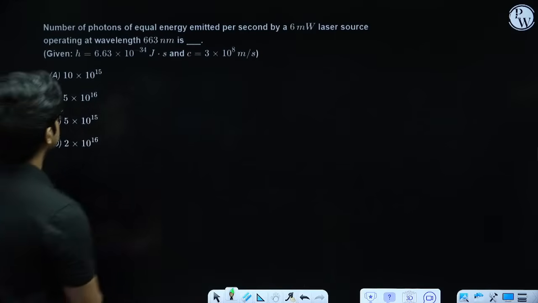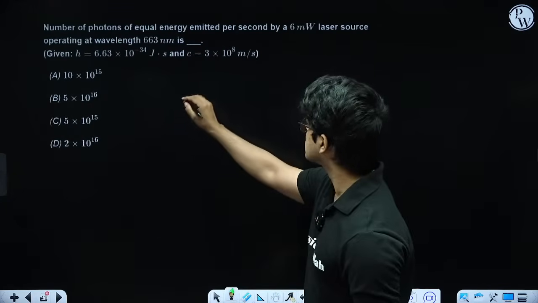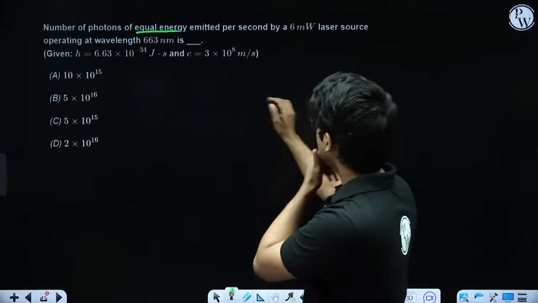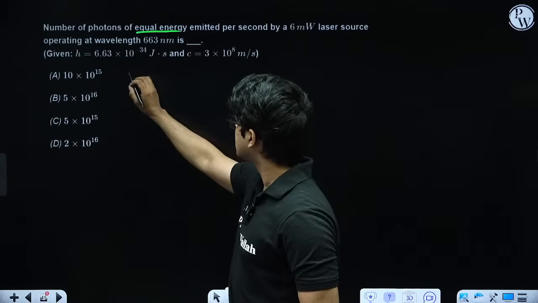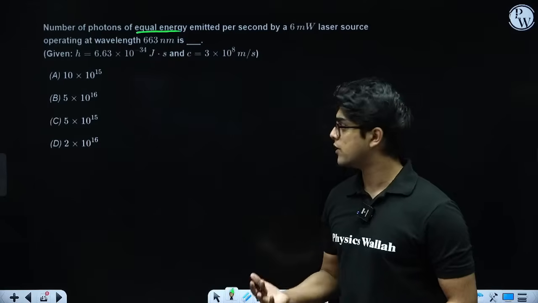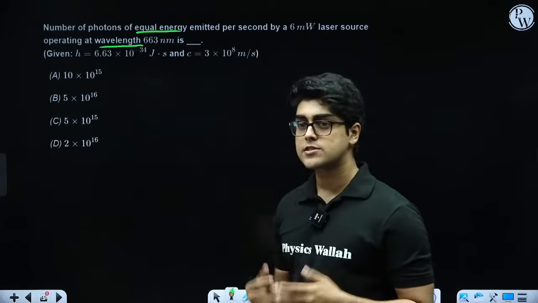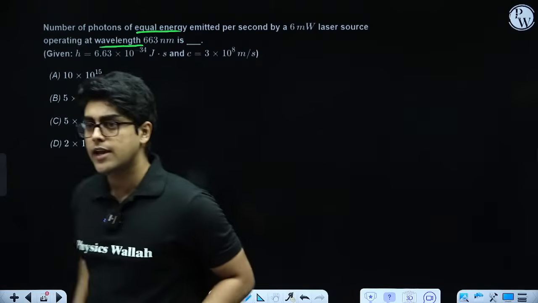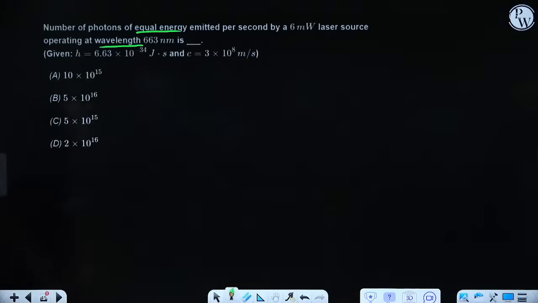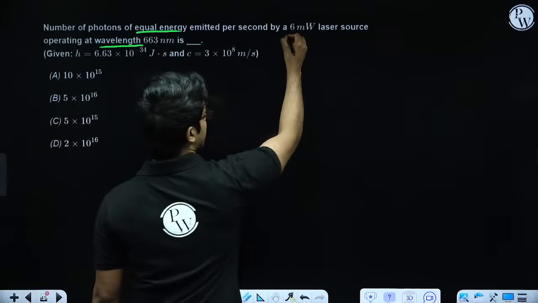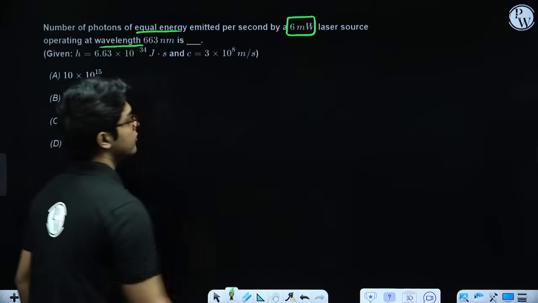Okay, so now the question is, we have a number of photons of equal energy emitted per second. So photons of equal energy just means that the photons have the same wavelength or the same frequency, right? Because a photon's energy is given by h nu or hc by lambda. So the laser's power rating is given, it is 6 milliwatts.